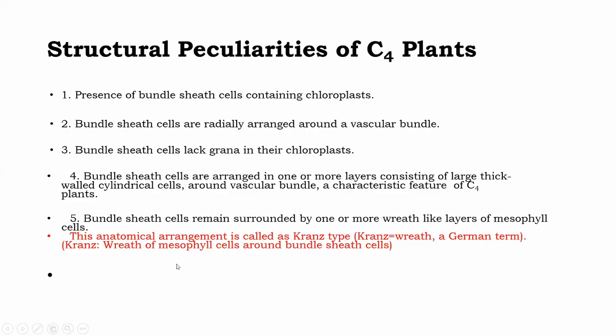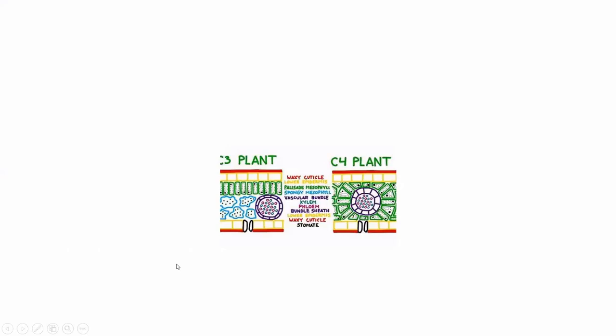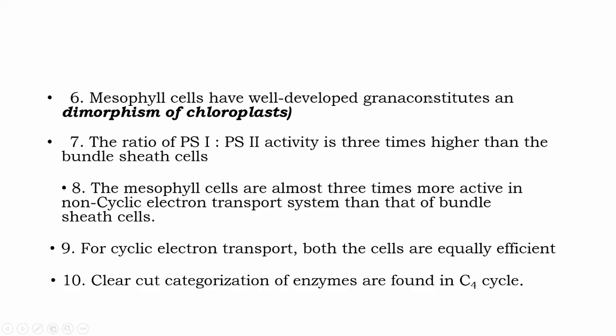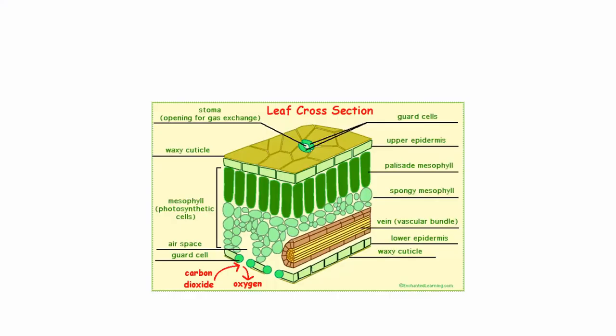I have already explained. Then, the sixth one. The mesophyll cells have well-developed granular chloroplasts. This is called dimorphism of chloroplast. The mesophyll cells develop because the mesophyll cells are the photosynthetic region.